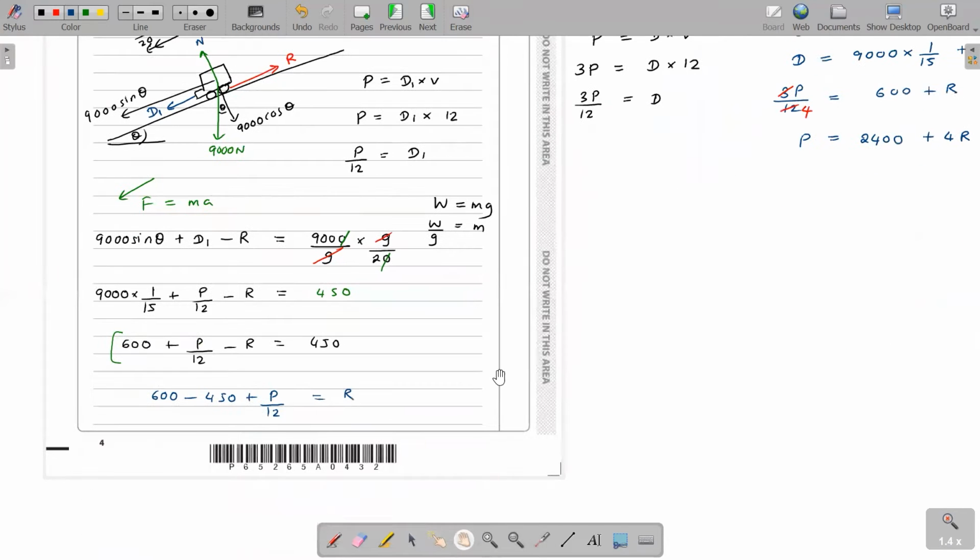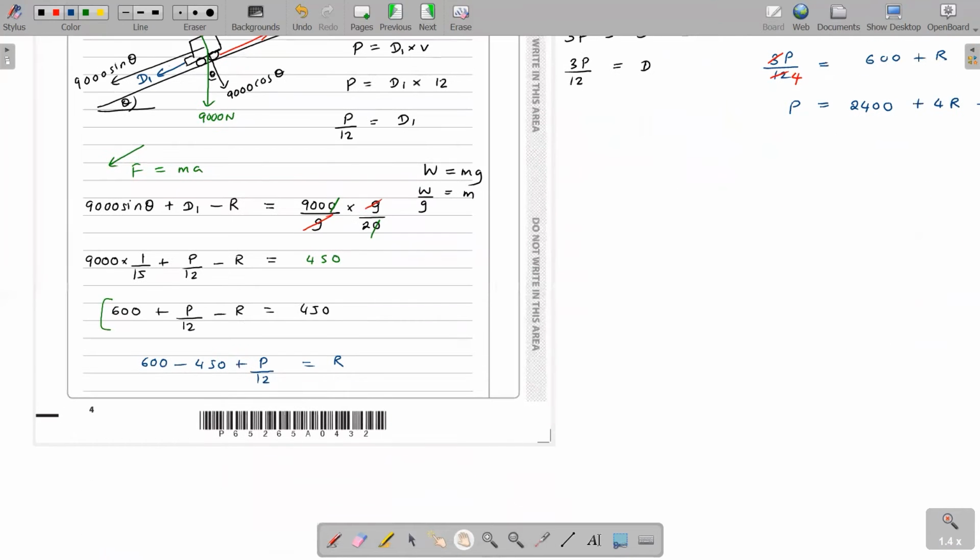They want me to find the value of P first, right? In Roman number 1. So in this equation I took R to the other side and took 450 here. 600 minus 450 is 150. So 150 plus P over 12 equals R. This is the second equation.